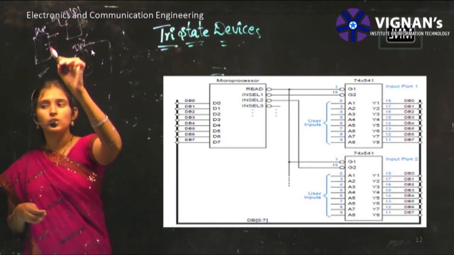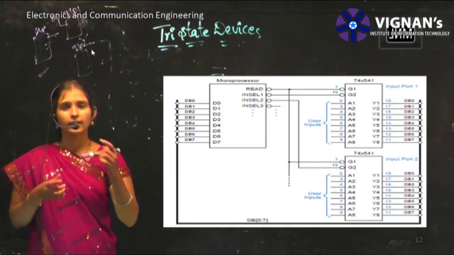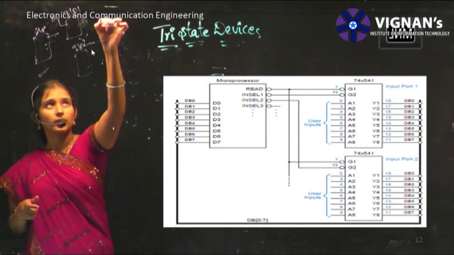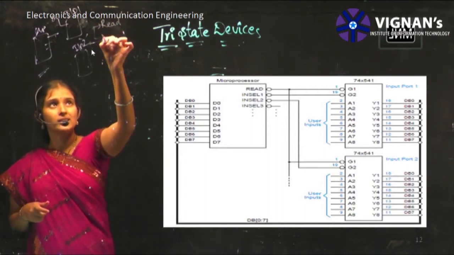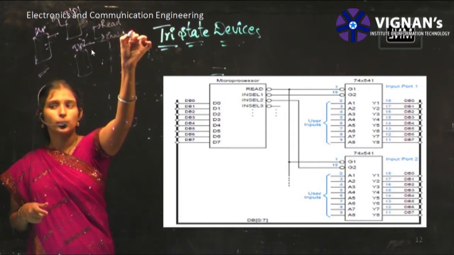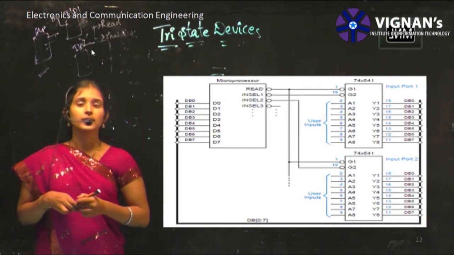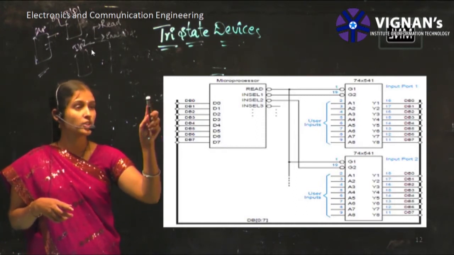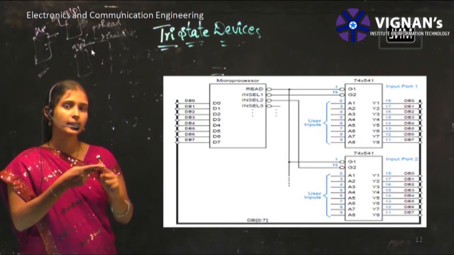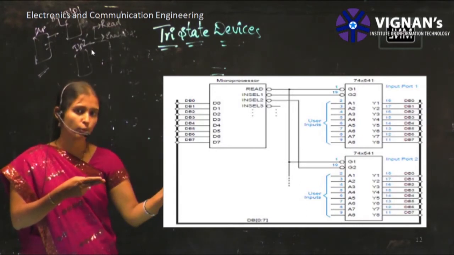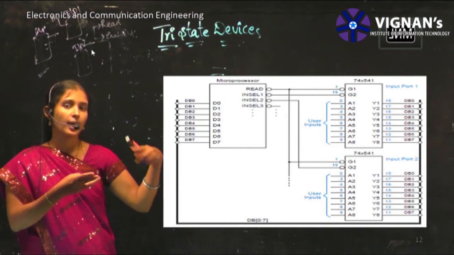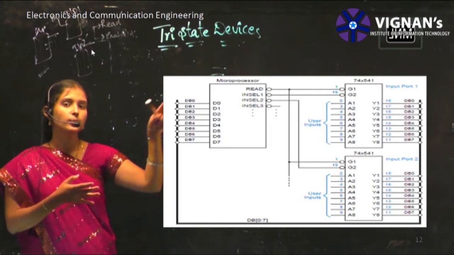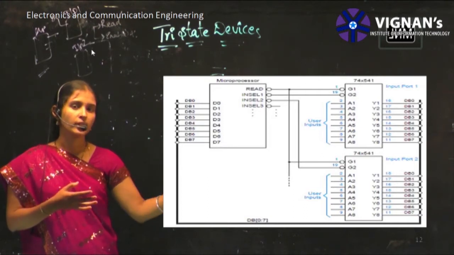You can see here, read. So first you have to assert a read operation, and at the same time assert the enable input, that is G1. In that circuit diagram you can see that selection 1 and read were assigned to the first input port peripheral, and read as well as selection line 2 have been given to input peripheral 2.